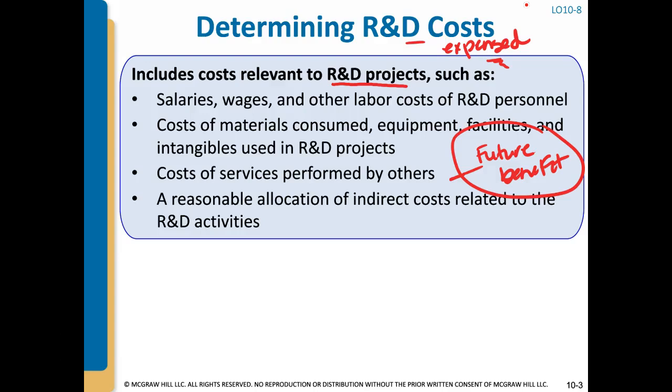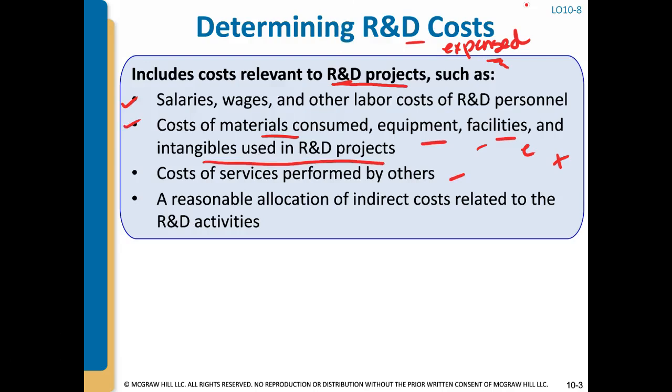So let's talk about which costs are considered to be R&D and therefore expensed. Any salaries and wages and other labor costs of R&D personnel. Any cost of the materials consumed and equipment used, facilities, and intangibles used in the R&D projects are expensed as R&D.